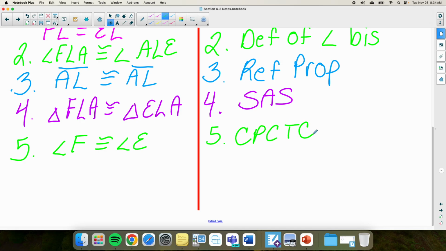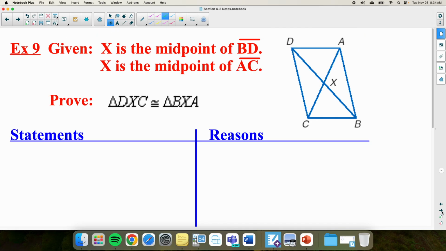So you still have to show the triangles are congruent, but then you're gonna have one step after that. That's the CPCTC. Okay?